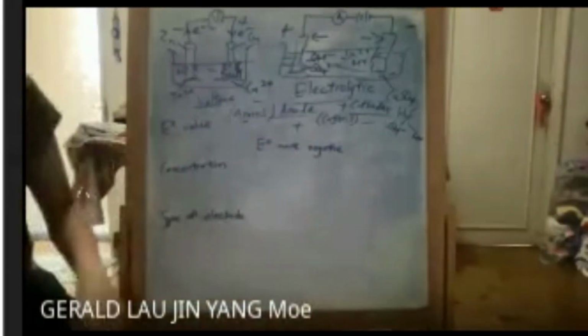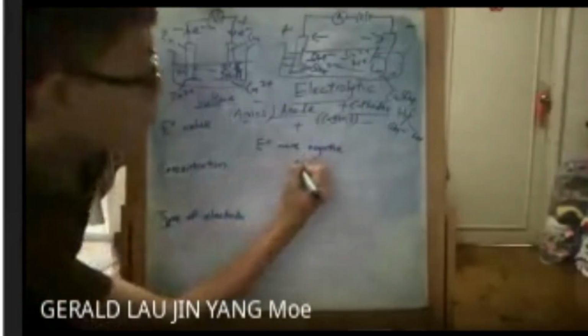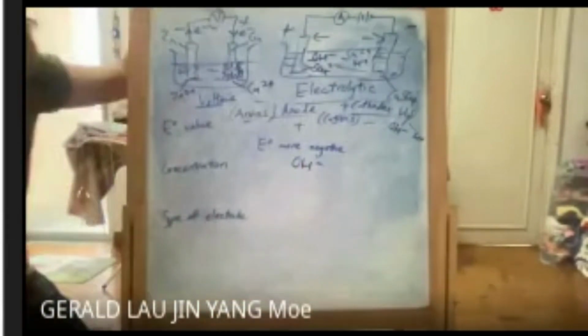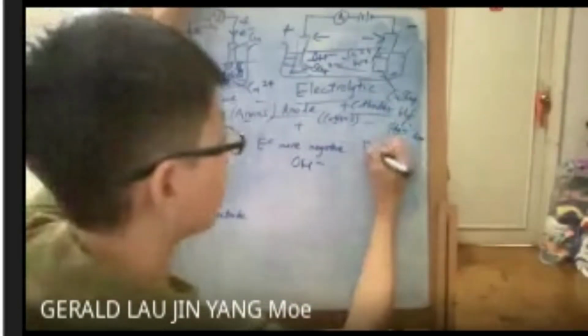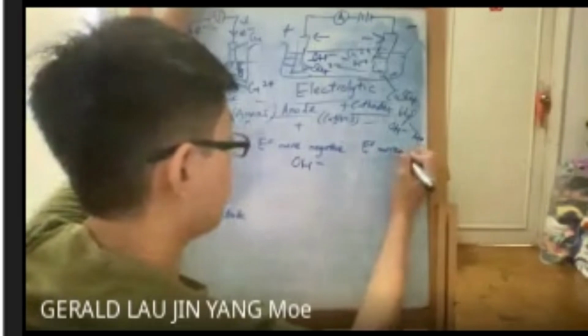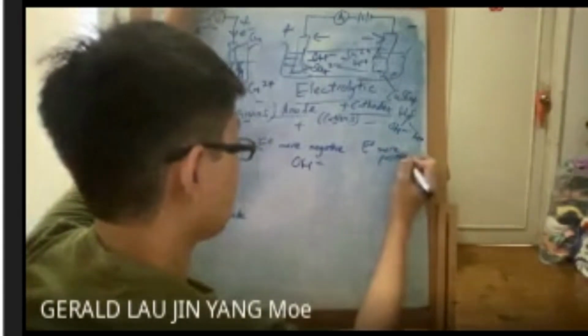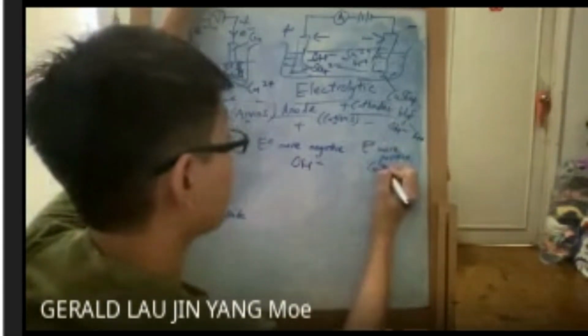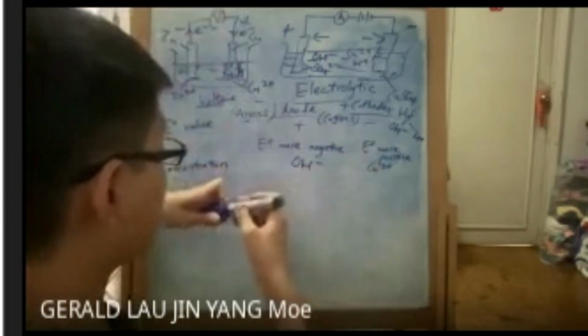The answer is hydroxide. Hydroxide is more negative. For the cathode, because the cation is positive, the inert value must be more positive. So the answer here is copper. Copper 2 ion has the more positive inert value.